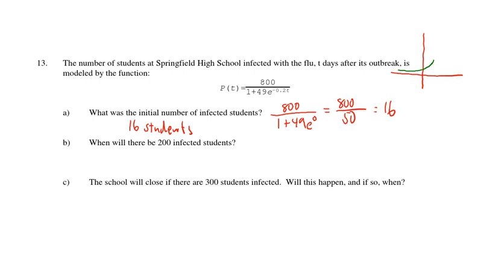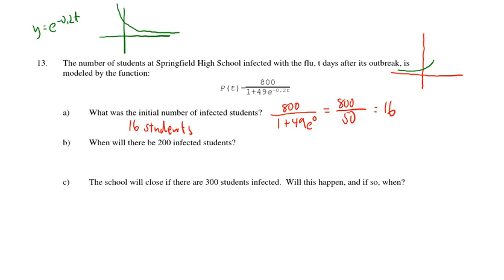When this gets really, really big, e to the negative 0.2t, if I had to sketch y equals e to the negative 0.2t, it's exponential decay. It gets smaller and smaller, closer and closer to 0.